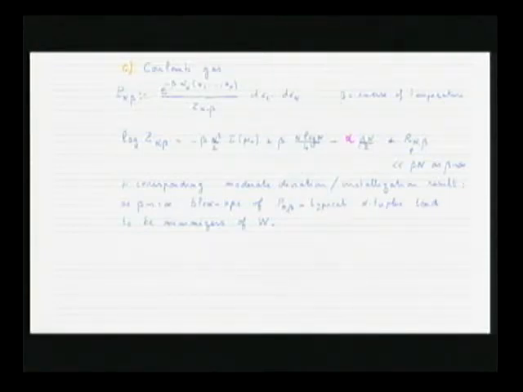That's the type of result you can get. And there are corresponding moderate deviation and crystallization results for this problem. So again, it would be important in this setting to know the value of alpha and to know that it's given by this lattice. That would be exciting.